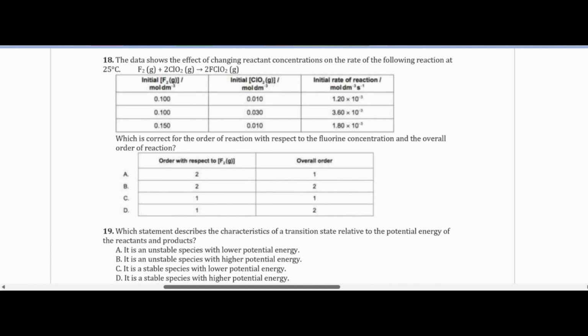18. The data shows the effect of changing reactant concentrations on the rate of the following reaction at 25 degrees Celsius. Which is correct for the order of reaction with respect to fluorine and the overall order of reaction?